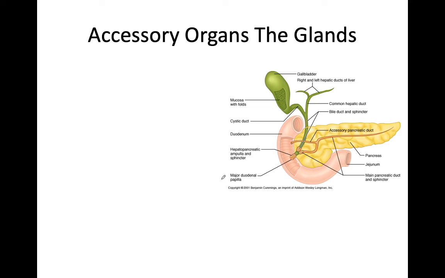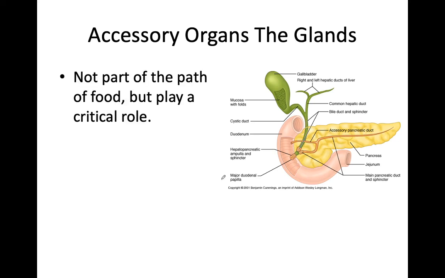Okay, moving on from the obvious organs that we talked about, so mouth, esophagus, stomach, small intestine, large intestine, we are going to be looking at 3 specific organs that the food doesn't get into, right? But they do play an important role in the digestive system. So it's not a part of the path of the food, but it still plays a very critical role.